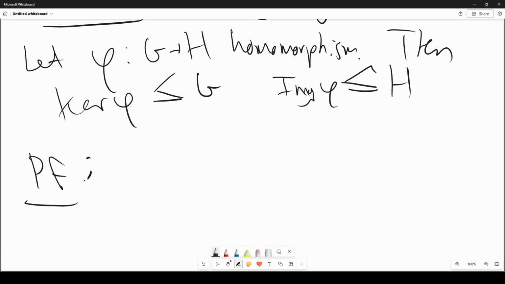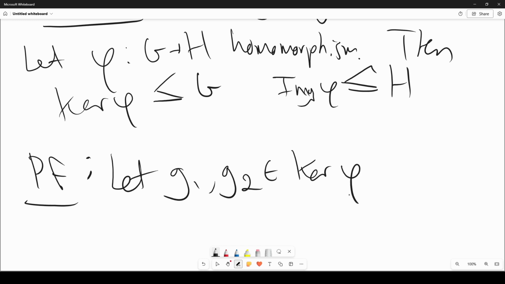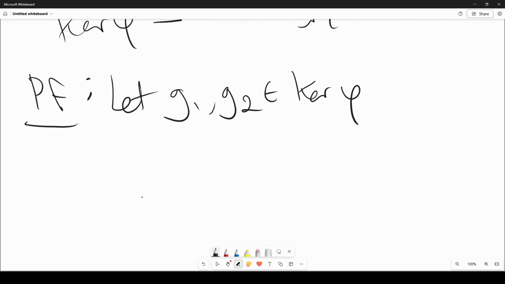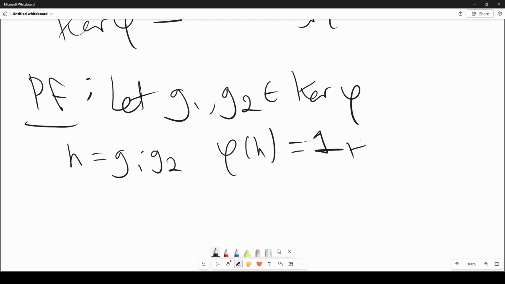In fact, it always has to have the identity because it needs to be a group itself. Okay. So we're going to start with the kernel of phi. Let g1, g2 be two elements in the kernel of phi. We're going to try to prove that g1 g2 is also in the kernel of phi. And consider h equals g1 times g2. We want to prove that phi of h equals 1H, because that implies that h is in the kernel of phi.